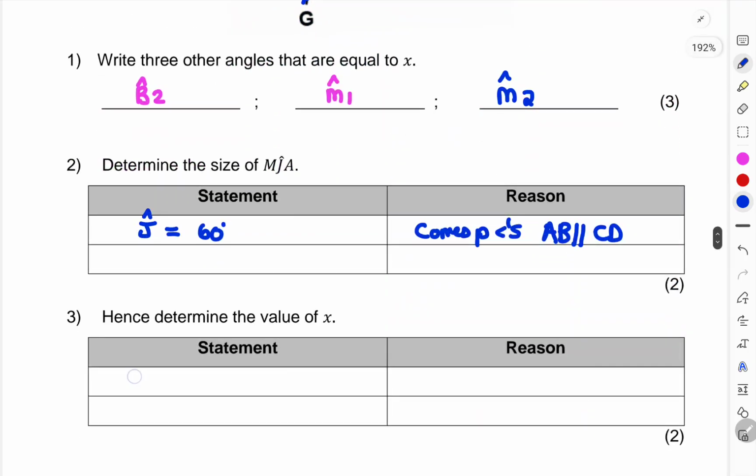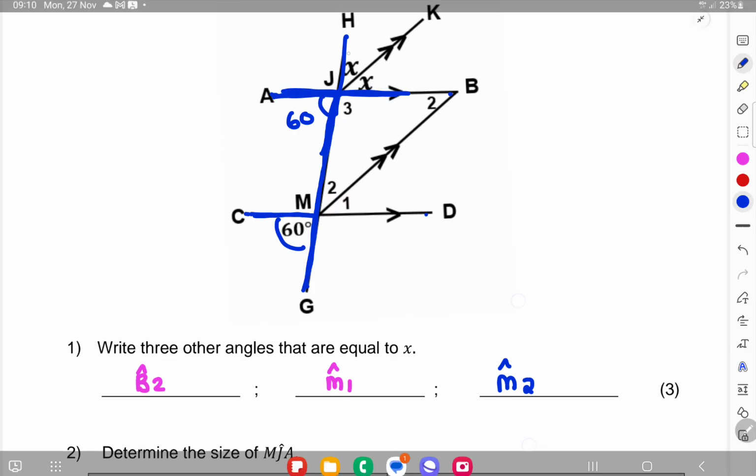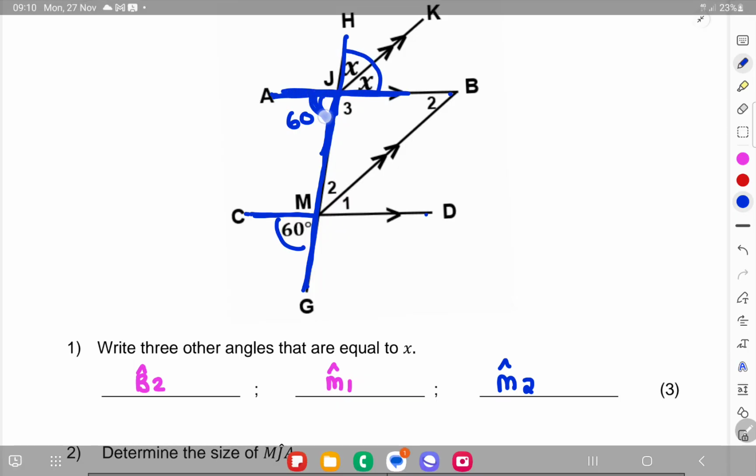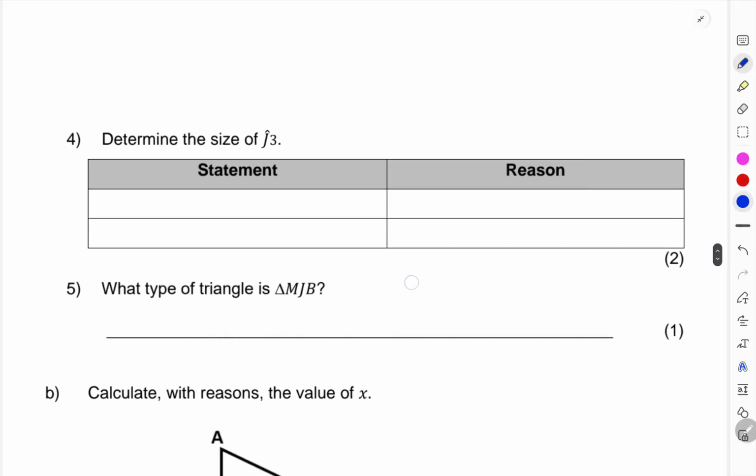So now we can say x plus x is equal to 60 degrees because of vertically opposite angles. Thus, x is equal to 30 degrees. Because that is 60 and these two are vertically opposite angles, x and x together gives you that 60, which will make x 30 degrees.